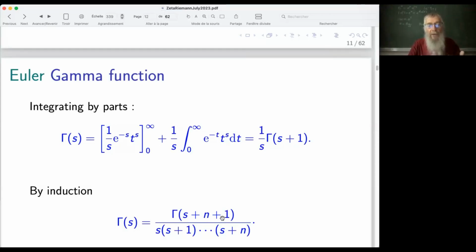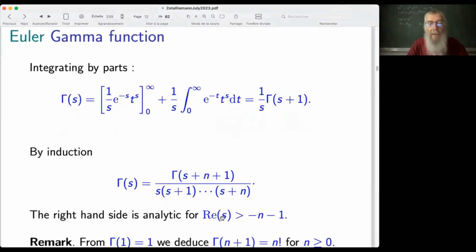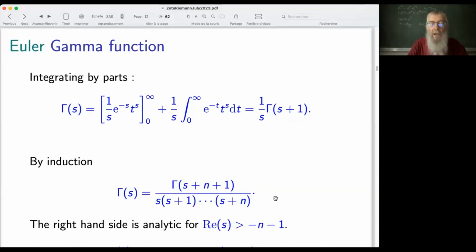And therefore, this gives an analytic continuation of the gamma function, because the right-hand side is analytic for this value. So we now have a function which is defined everywhere as a meromorphic function, with the poles which are 0, minus 1, minus 2, minus n, and so on. And there are no other poles.